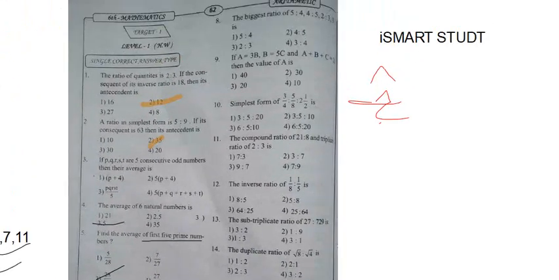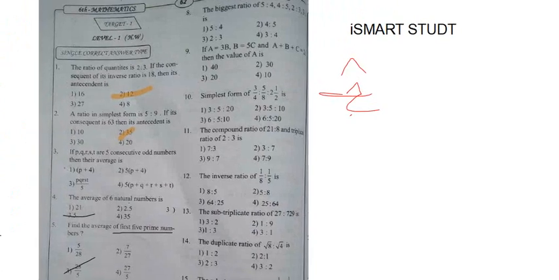Yes guys, see that the biggest ratio of, yeah, this question is important. 5 by 4 is to 4 by 5. If I say that out of these two, which one is bigger, then what is your answer?